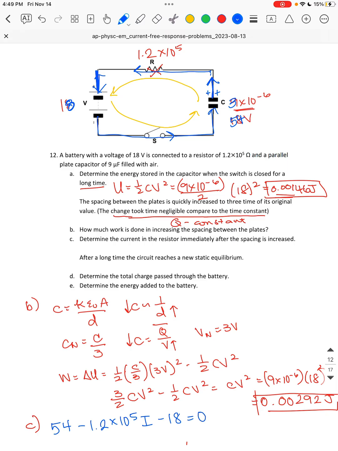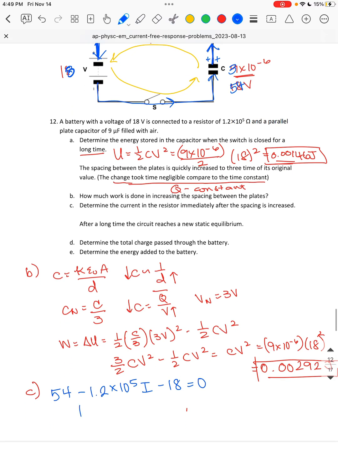When I do that loop rule, I end up with a current that is equal to 36 divided by 1.2 times 10 to the fifth, and that gives me 3 times 10 to the negative 4 amps.